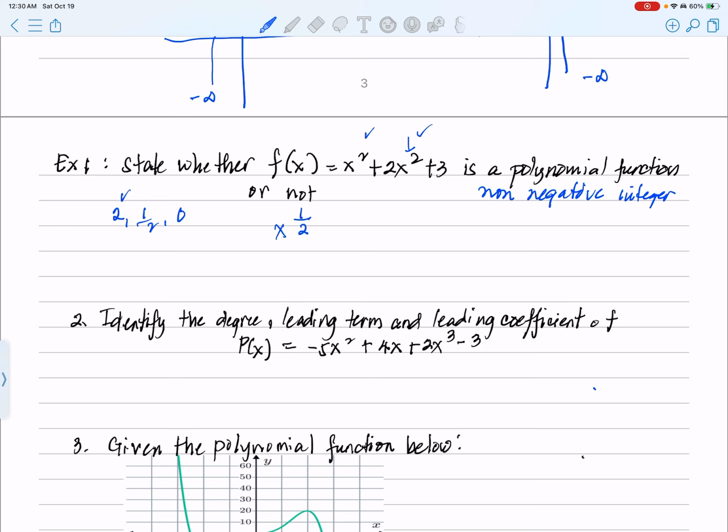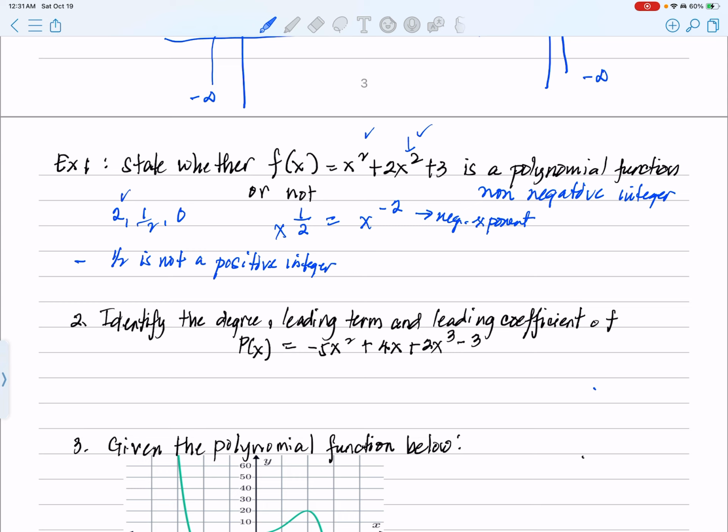So, in other words, 2, but 1/2. When x is raised to the power of 1/2, if you try to remember the rules of exponents, when your power is a fraction, that means a radical. 1/2 is not a positive integer, right? 1/2 is not a positive integer.